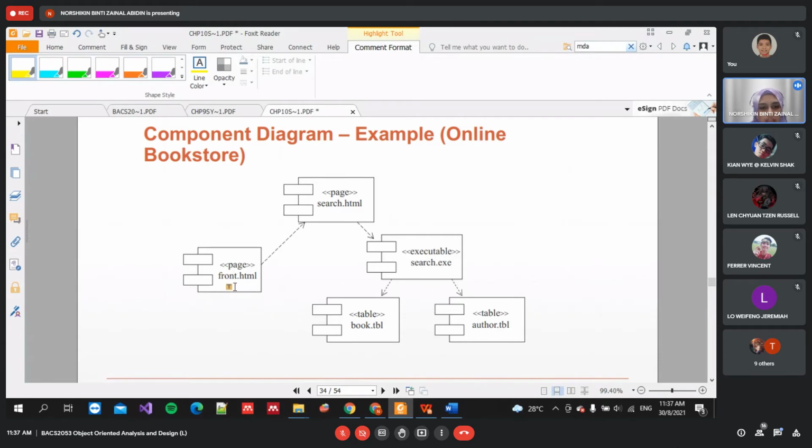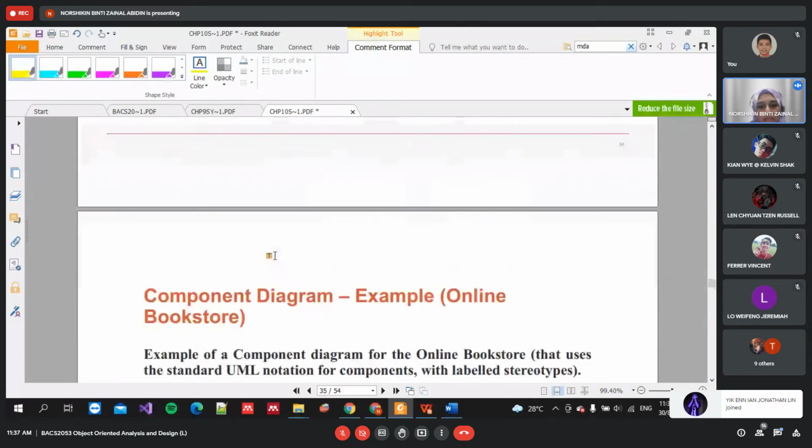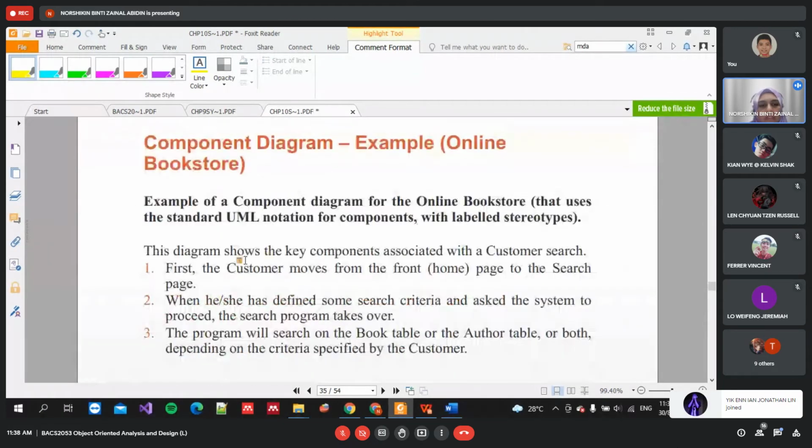So this component, front.html, is related, associated, or dependent on this search HTML. Same goes for this one too. This is the association, the relationship. So this is actually the process from the previous slide, the online bookstore.